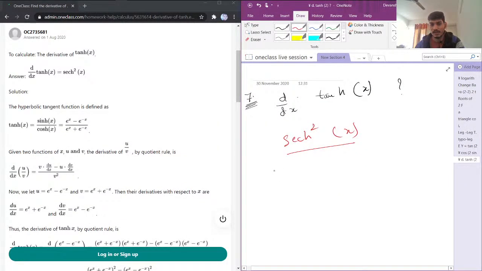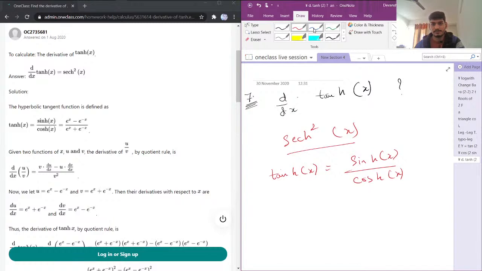So my tangent hyperbolic of x will be equal to sine hyperbolic of x over cosine hyperbolic of x.